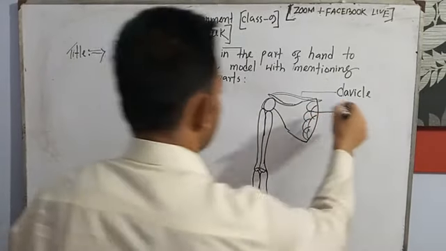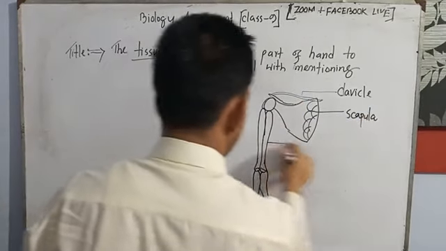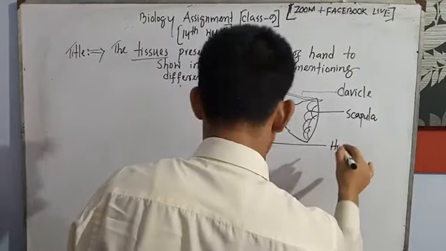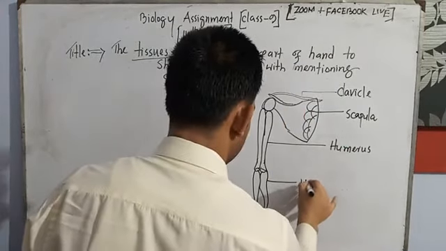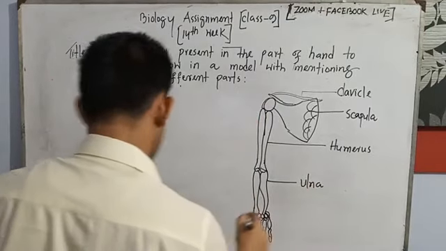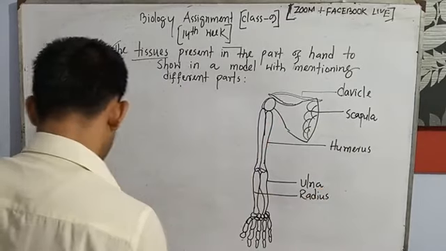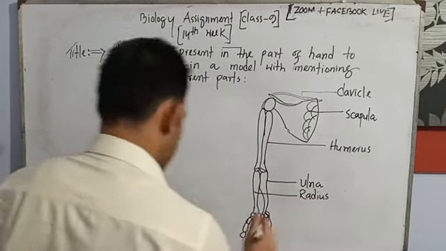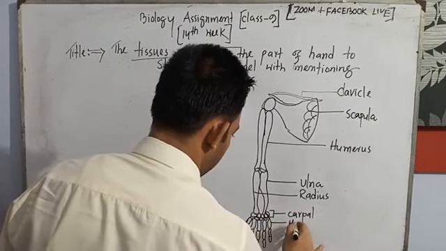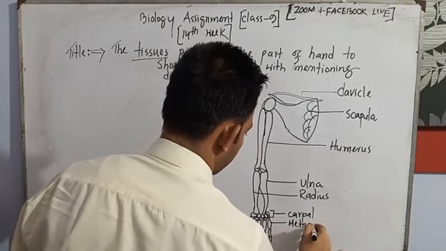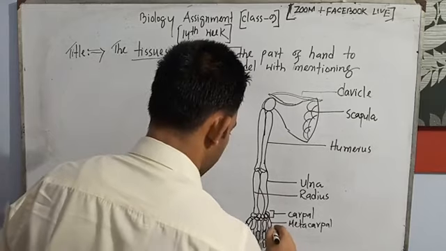Then we can say the scapula. This one is the humerus. This one is the ulna. This one is the radius. That means radius and ulna are found there. Then we already know this one is the carpal, whatever I have done, metacarpal, then phalanges.